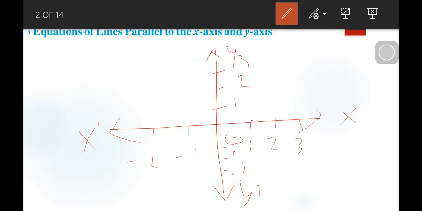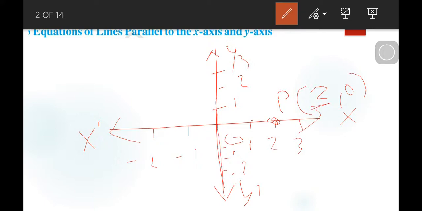Now if we put a point P here, its coordinate will be 2, 0. Why? Because 2 shows the distance from the y-axis.